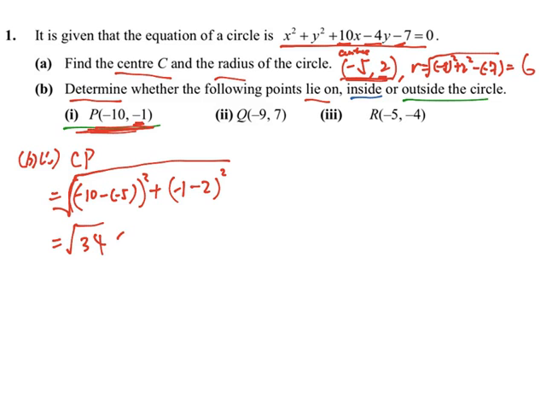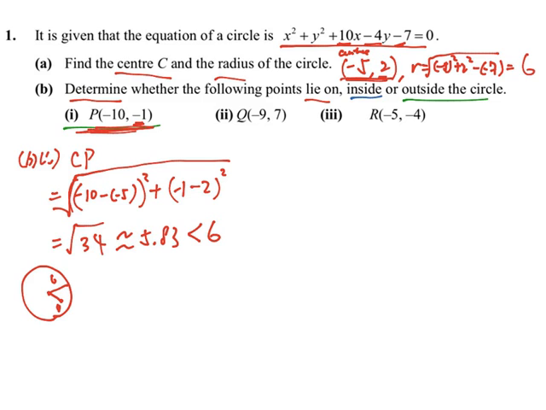It is around 5.83 using a calculator. You can see this distance is less than 6, less than the radius. So, as I said before, if the radius is 6 and the point is only 5.83, that means it's around here.